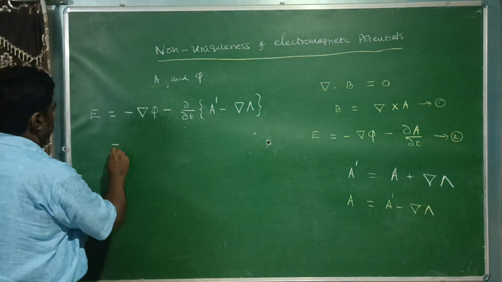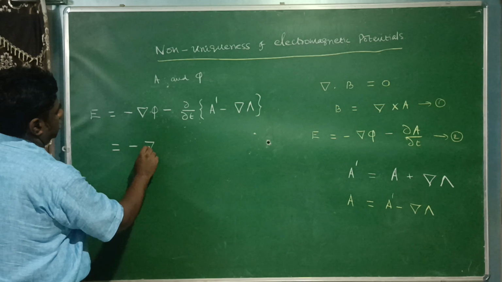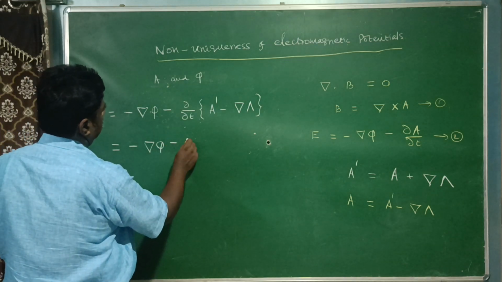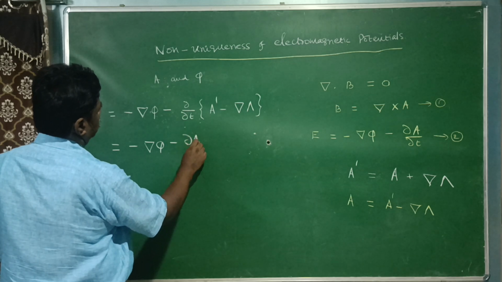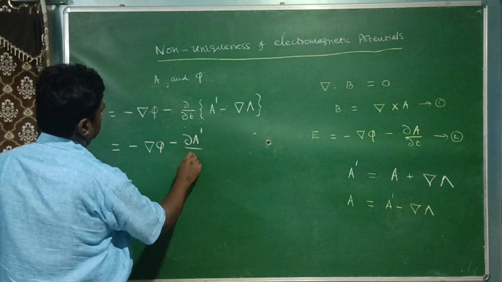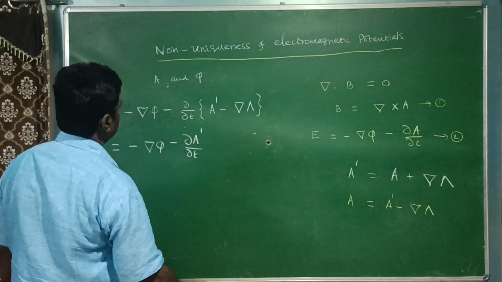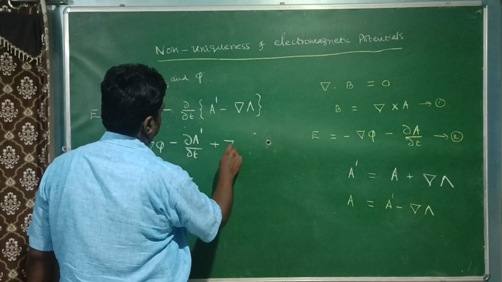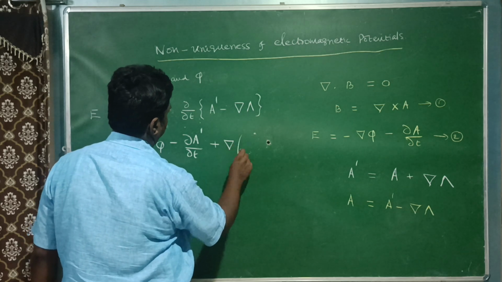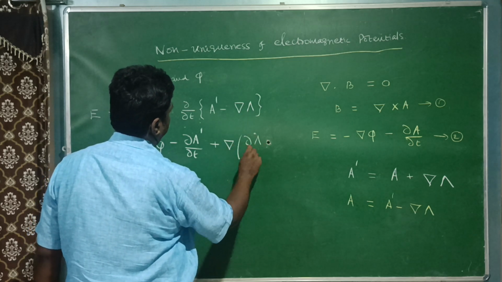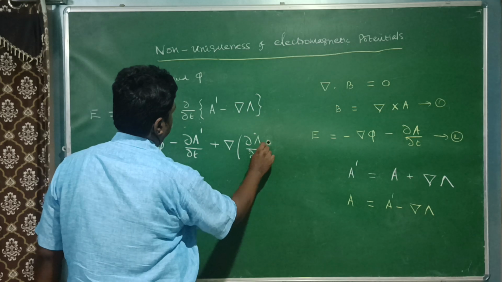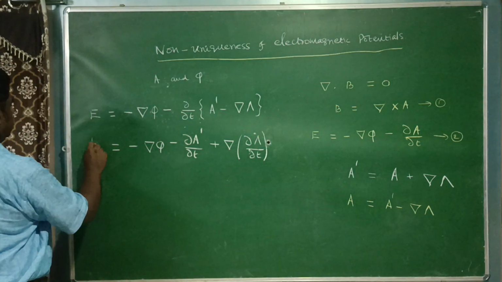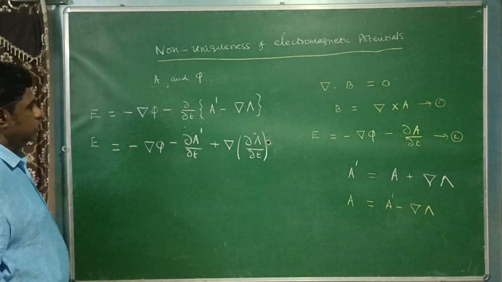Then this is equal to minus grad phi minus dou A dash by dou t, minus and minus plus gradient of dou lambda by dou t. This is E.